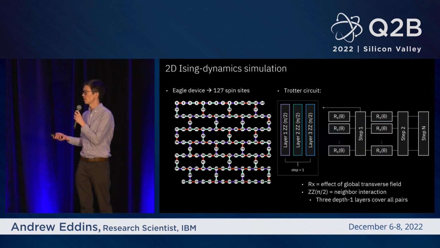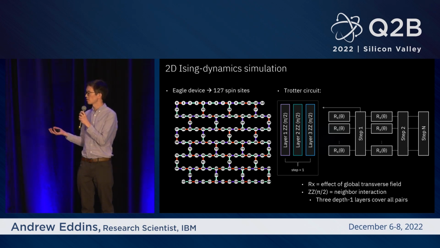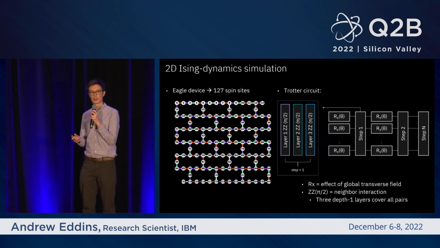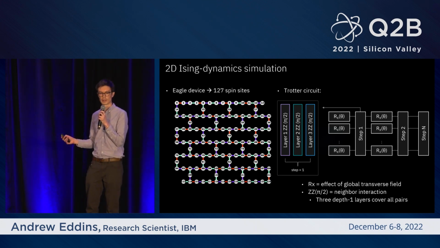To test this on the Eagle device, we're looking at the Trotter circuit at right. We have interleaved layers of single qubit RX gates and layers of multi-qubit ZZ gates. Each layer consists of a series of 2 qubit ZZ rotations fixed at angle pi over 2 so that we can implement the layer with a layer of depth 1 CNOTs on our hardware.